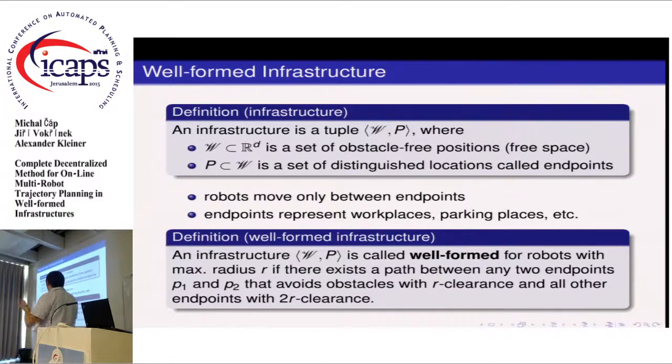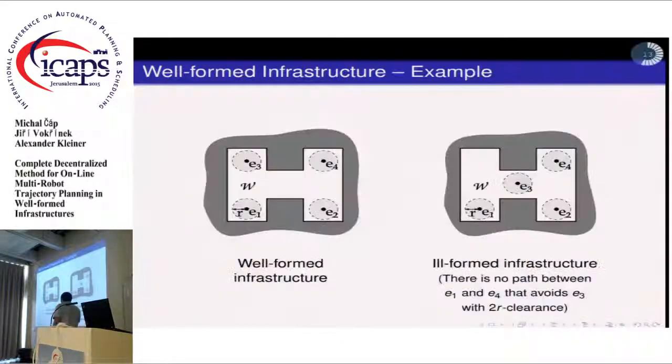So that's an infrastructure. An infrastructure is well formed, or has this good property, if we are able to find a path between any two endpoints which doesn't intersect any other endpoint. I think it will be clear if I use an example. So for example, on the picture on the left, from your viewpoint, we have an example of a well-formed infrastructure.